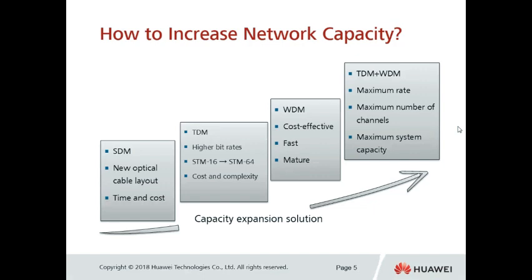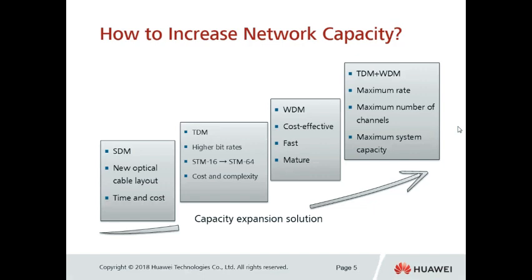So at this time we found the new solution, that is WDM, wavelength division multiplexing, right? This is the newest solution, which is very fast, much cheaper than other solutions, okay, and very good. No need for too much time, no need for too much money to increase capacity.